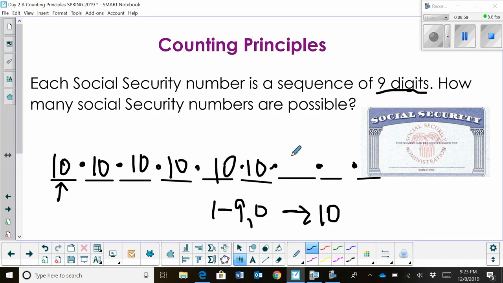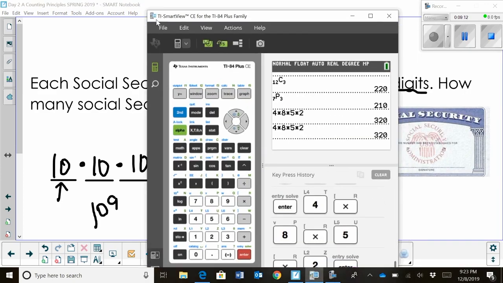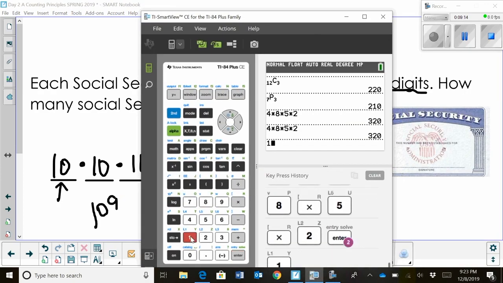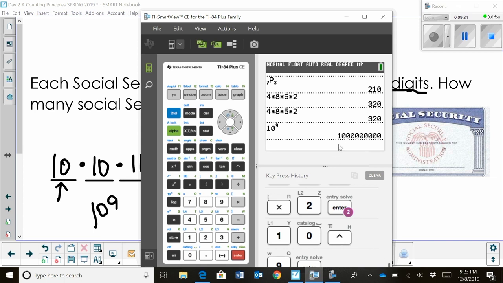So it's just going to be 10 times 10 times 10, 9 times. We can also write this as 10 to the 9th power. So let's grab our calculator and we'll figure out how many Social Security numbers can be created. It's going to be a lot. Wow. So I've got a 1 with 9 zeros after it.